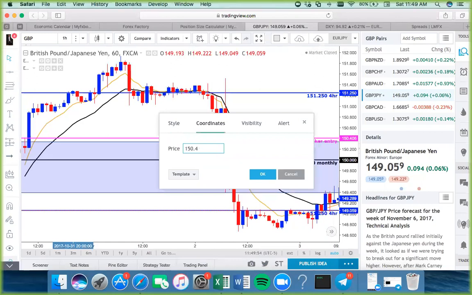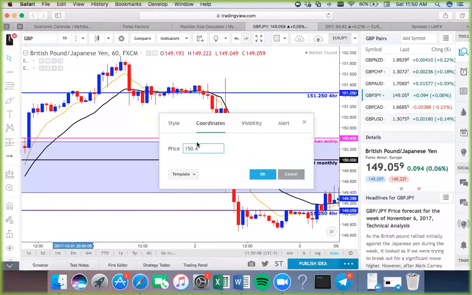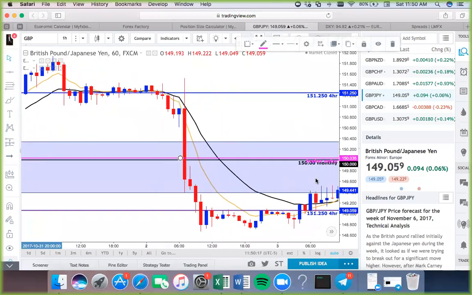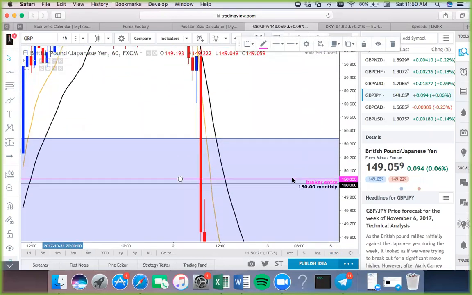Let's say this was GBPJPY. Let's go find the spread. 3.5 pips, okay? Your broker will enter you at this number. He will not enter you at 150 flat. He will enter you 3.5 pips away from the sell, if you were selling. So if we zoom in, you have to pay him this gap right here.